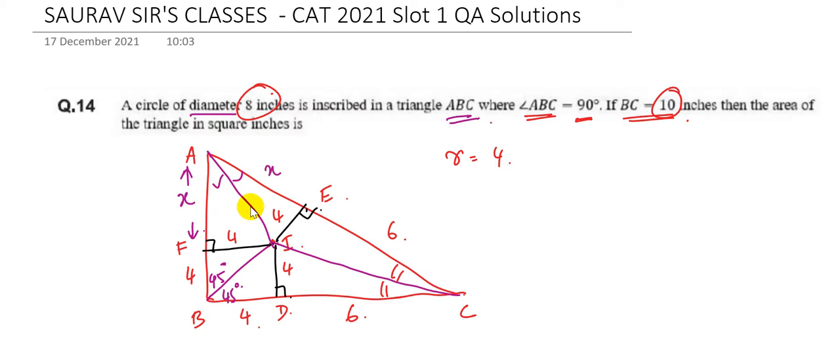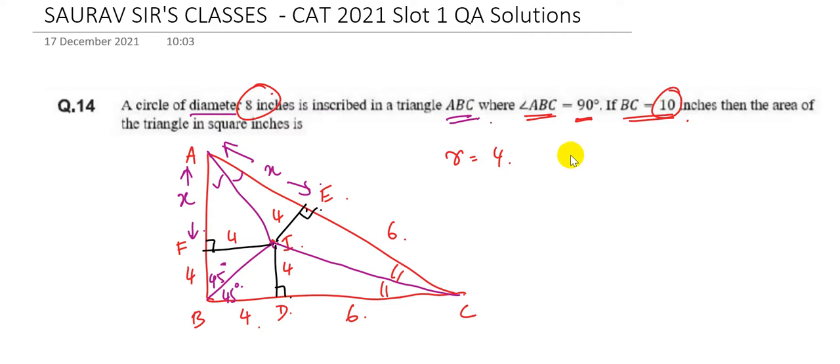The angle bisector is AI, so these two angles will be equal. The in radii are equal, and one side is common. So that means you have right angle hypotenuse side congruency. So these two are congruent, so these two sides will be equal.